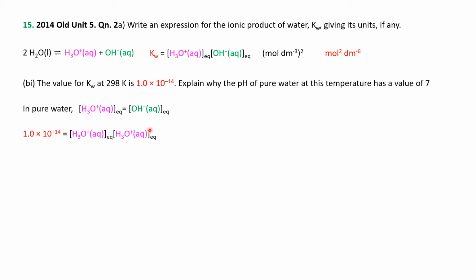So 1 times 10 to the minus 14 is the H3O+ concentration squared, or in other words, the H3O+ concentration is the square root of 1 times 10 to the minus 14, which is 1 times 10 to the minus 7. pH is, of course, minus the log of the H3O+, so minus the log of that, which is 7. Change the temperature, change Kw, change the pH of neutral solutions or pure water.